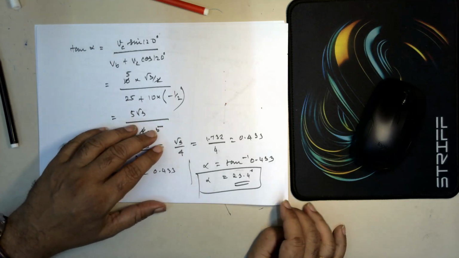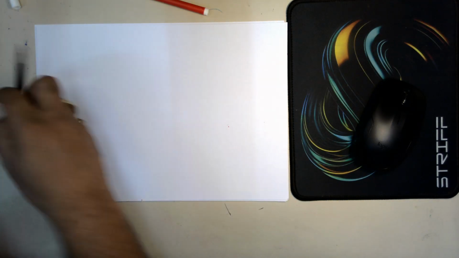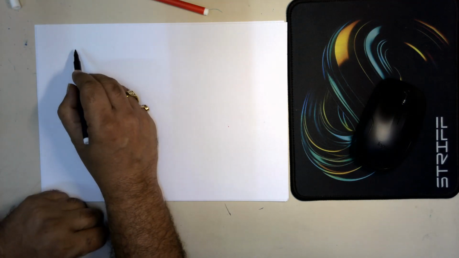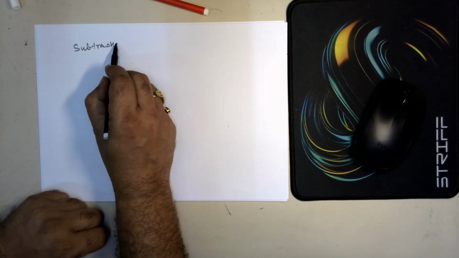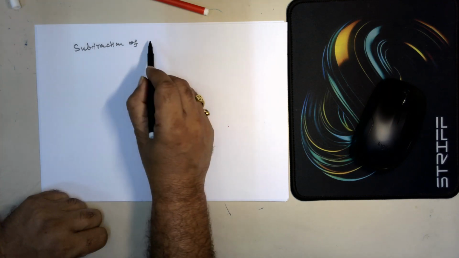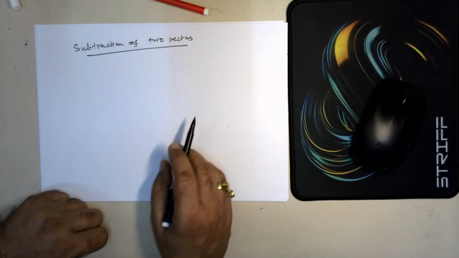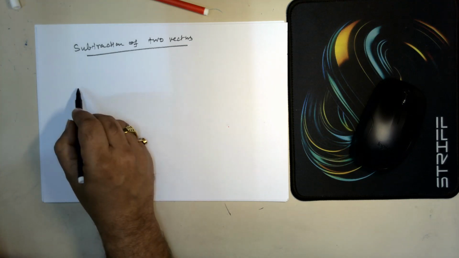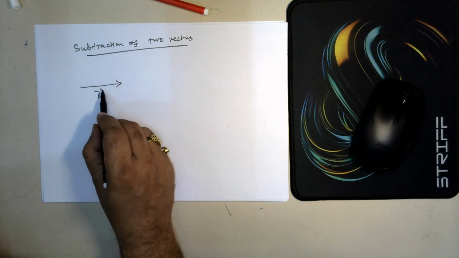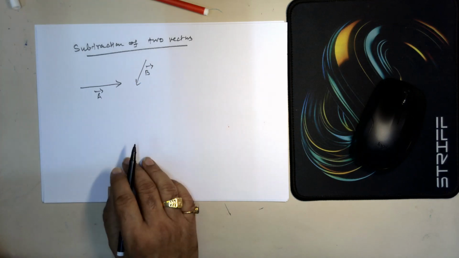Now let us proceed with the subtraction of two vectors. Okay. The next concept, take down by the graphical method. Subtraction of two vectors. Let us consider the vector A. Another vector is coming in this direction, B. Right?